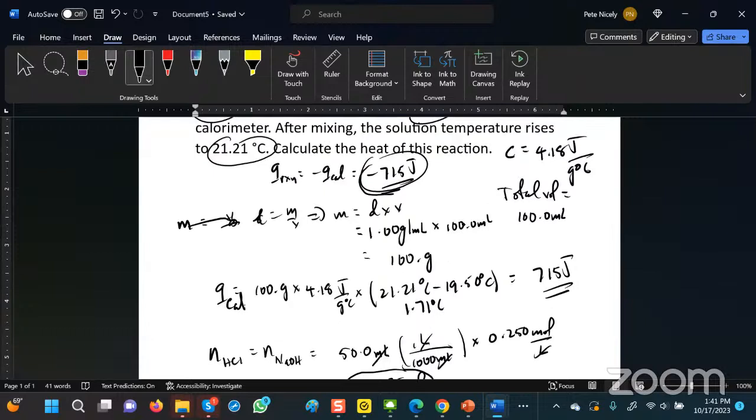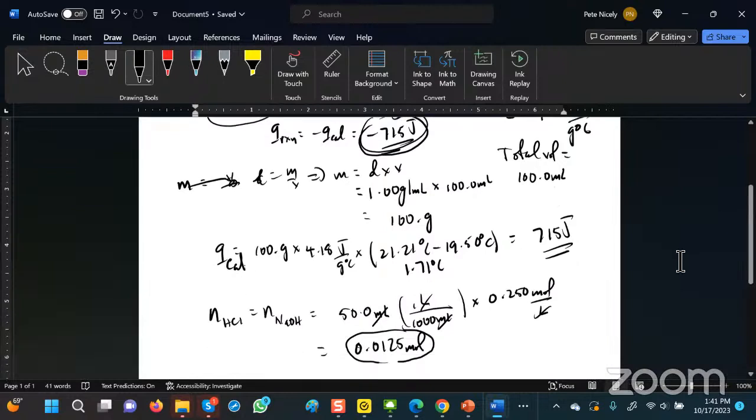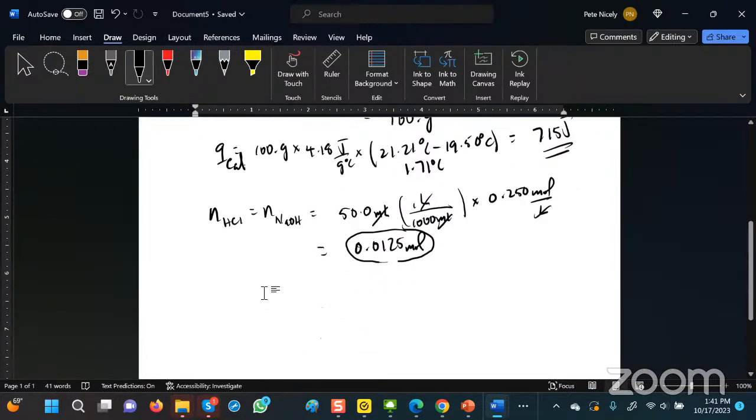All right. So basically, for this amount of both hydrochloric acid and sodium hydroxide in terms of moles, the enthalpy change is this. So the question is, what would be the enthalpy change for 1 mole? And the answer is very simple. You take, so delta H for the reaction would be equal to the minus 715 joules divided by the 0.0125 moles.